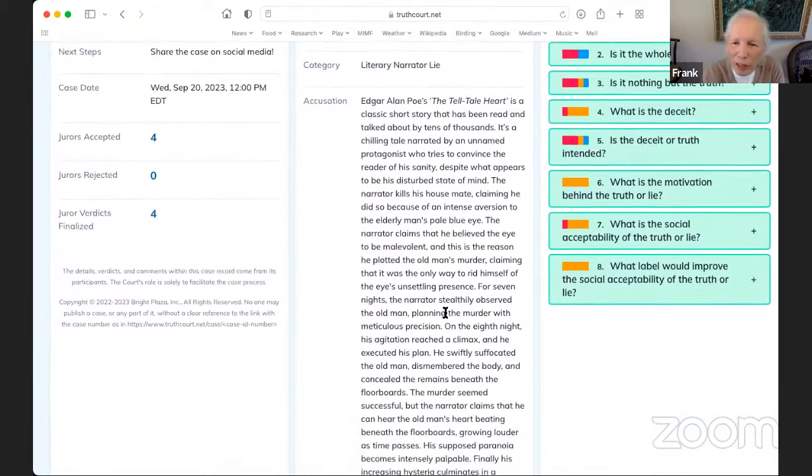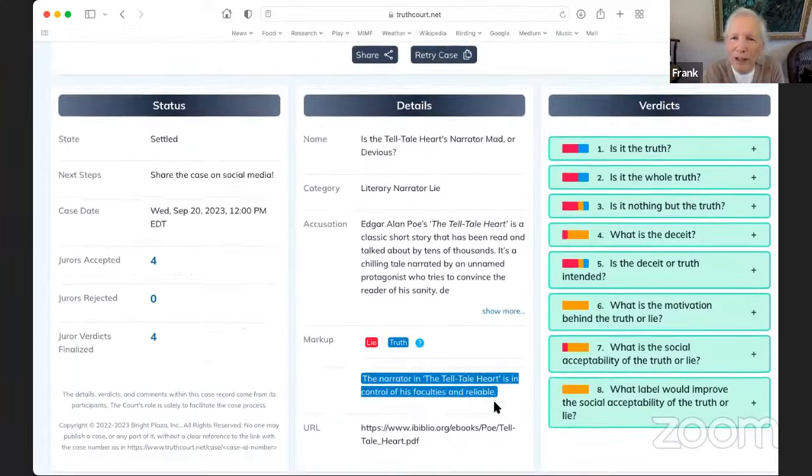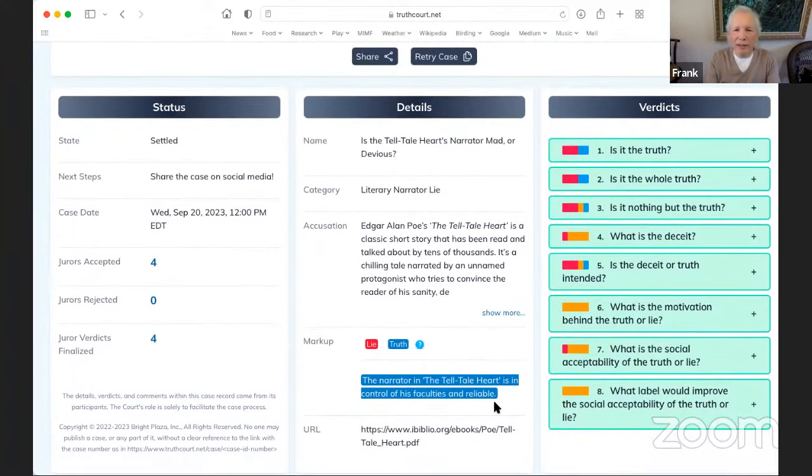So in general, then, let me fold up this window. You can see then that TruthCourt.net is applicable for a different kind of use than we have been using it for traditionally.